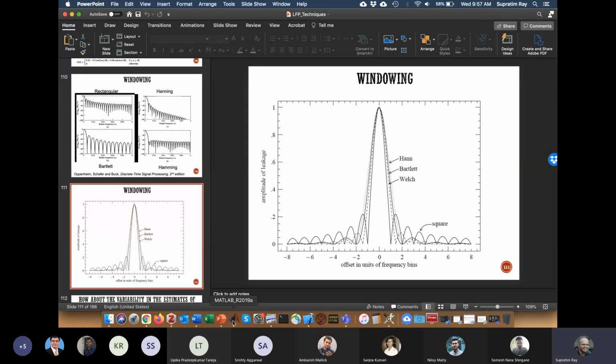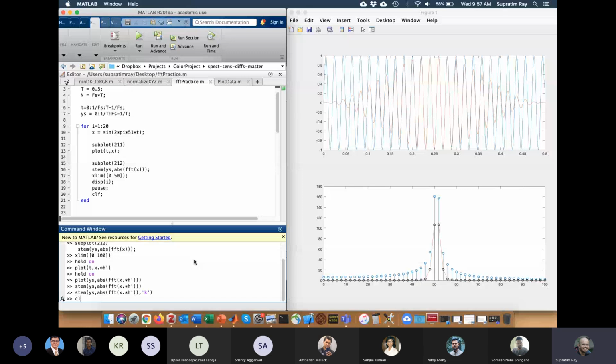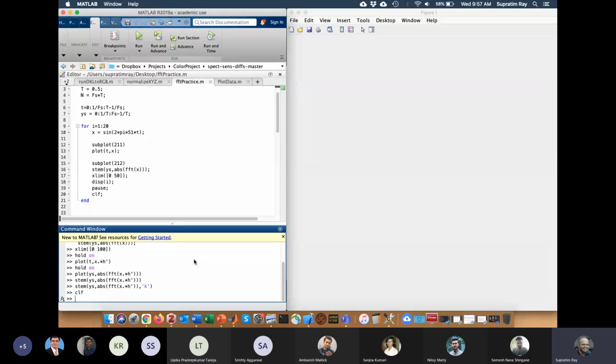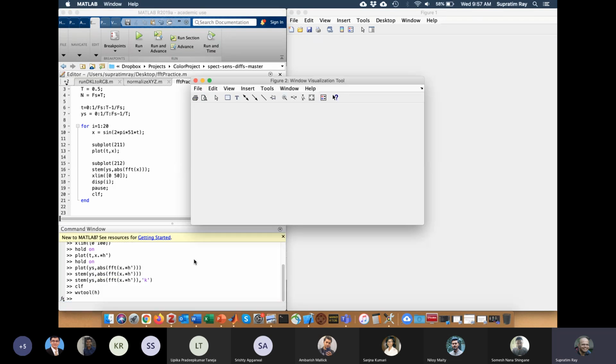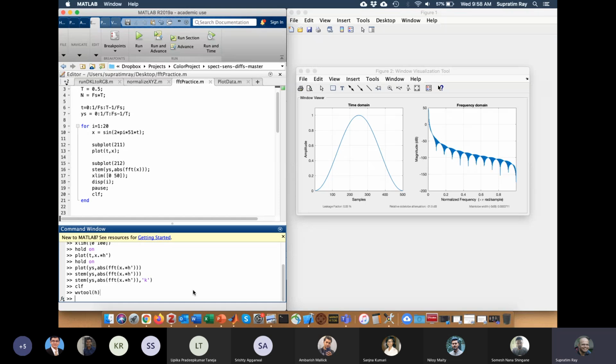Okay, and while we are at MATLAB, there's a nice command called wvtool. It's a GUI that displays the signal and its frequency domain representation.